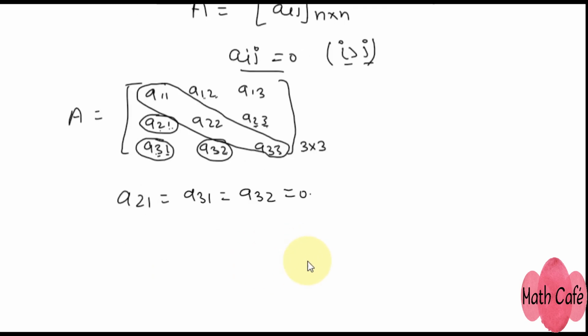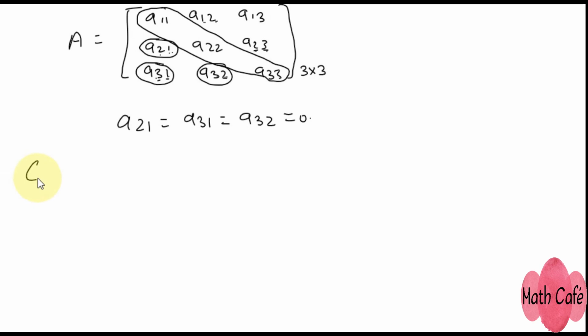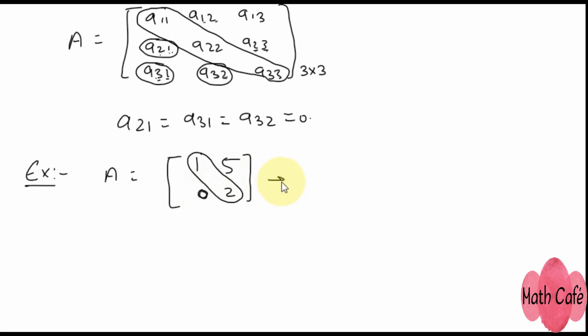Let's take an example here. If I'm representing a matrix as 1 5, 0 2, this matrix will be called an upper triangular matrix, in which all the elements lying below the diagonal are 0. So 0 is lying below this diagonal, so this is called an upper triangular matrix.